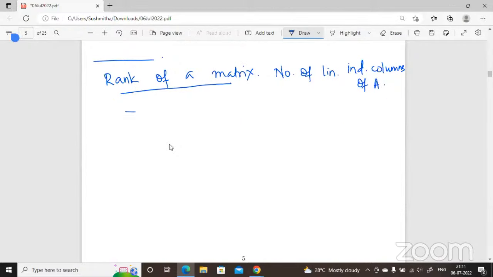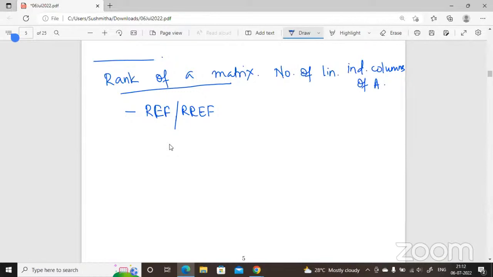And then when you talk about REF or RREF, then you talk about independent and dependent variables. And it is equal to the number of linearly independent rows also.